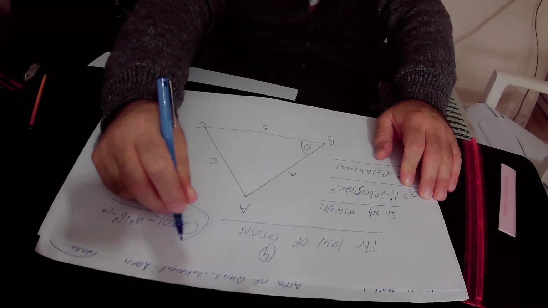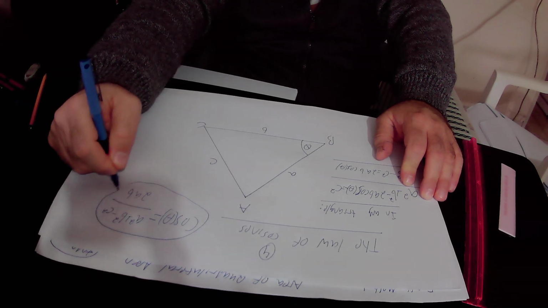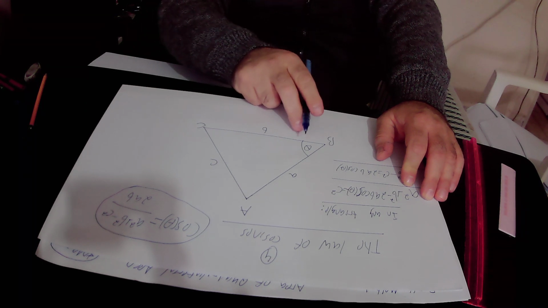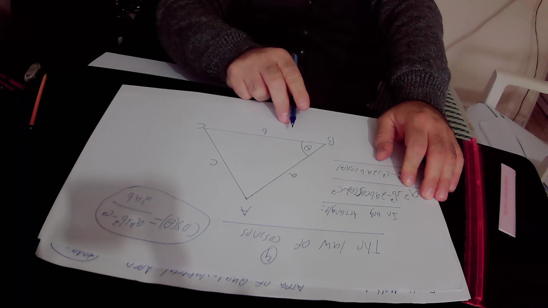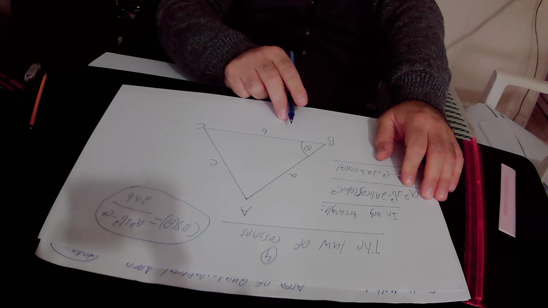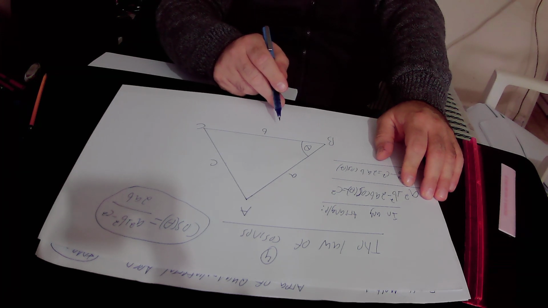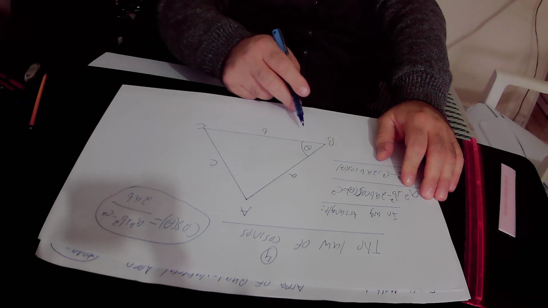So in any triangle, cosine theta equals A squared plus B squared minus C squared over 2 times AB.